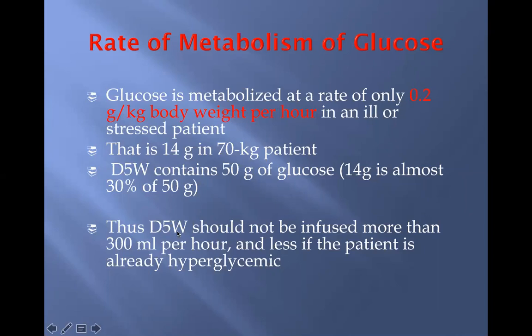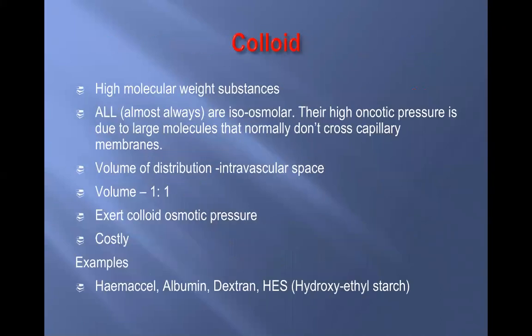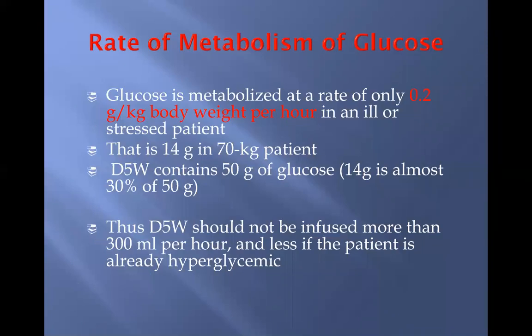Thus, the glucose water should not be infused more than 300 ml per hour, and less if the patient is already hyperglycemic. Why? Because the infusion of more than this volume leads to hyperglycemia even in a non-diabetic patient, unless there is a reasonable indication for infusion of more than 300 ml.